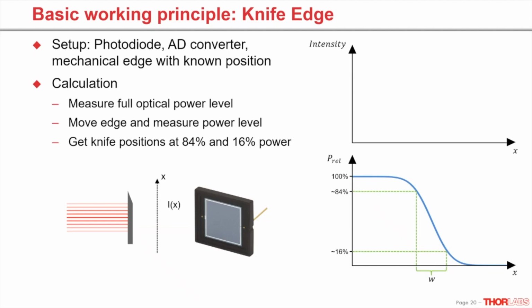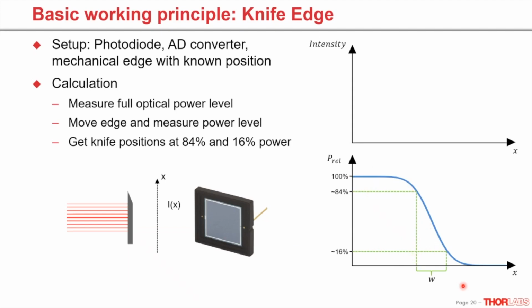To explain why 83.9 and exactly 16.1 percent are the right values, integral and error functions from the measured intensity values must be solved, which I would like to save here. Important is to know that it is sufficient to know the full intensity and the edge positions where the signal drops to 84% and to 16%.